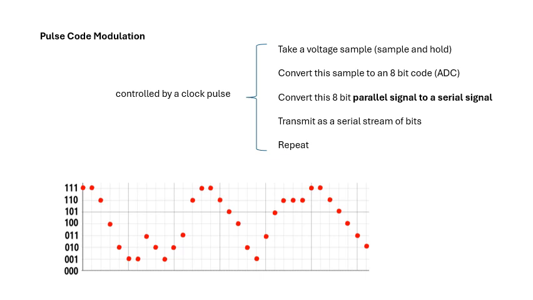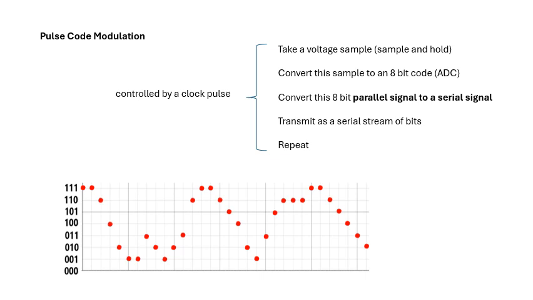Basically, you look at the voltage and you take a sample, and you've got your 8 bits, for example, but that's parallel. So you need to change it to a serial signal. It's going from a parallel 8-bit signal for each sample to a serial string of bits, and then you transmit this serial stream of bits.